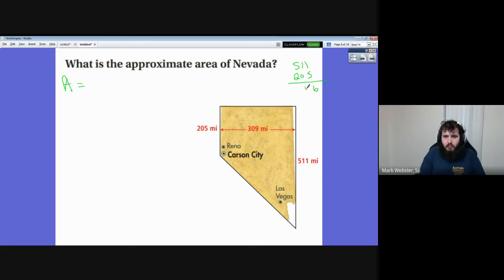That's 716. So when we average this out, we get 358. So that's the average. So 358 times the height here, which is 309.